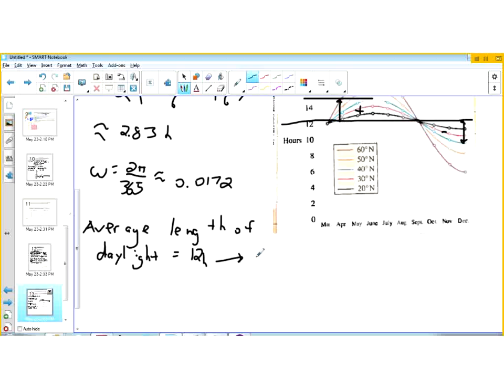And so what this means is that we shift the graph up 12. So B is equal to 12.